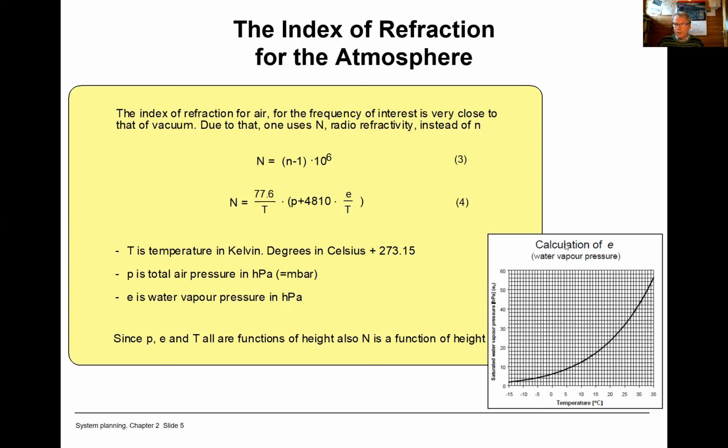And here you see a calculation of water vapor pressure. Here you have the temperature, and here you have the saturated water vapor pressure in hectopascal. And since the pressure, the water vapor pressure, and the temperature all vary with height, this radio refractivity will also vary with height.